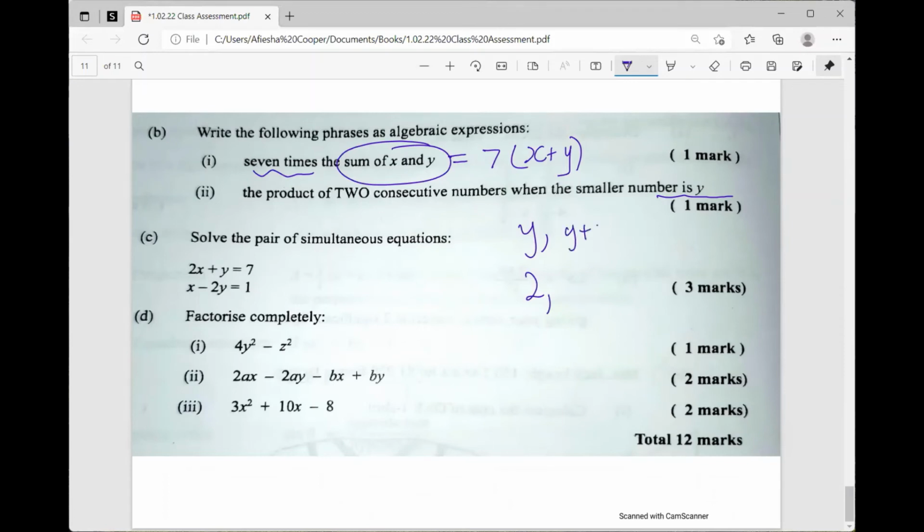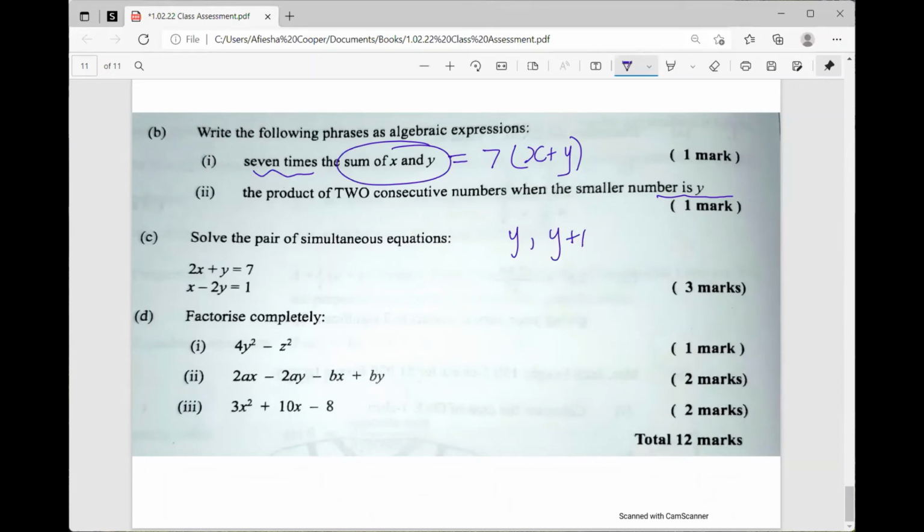Y plus 1, because the number after any number is that number plus 1, right? That's how we go generally. So the product of two consecutive numbers when the smaller number is y, our two numbers will be y and y plus 1.